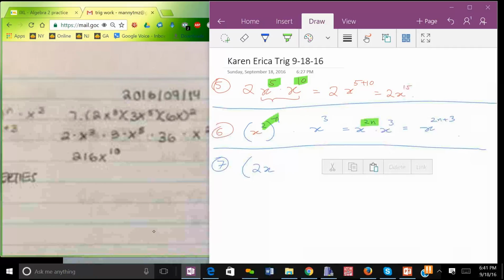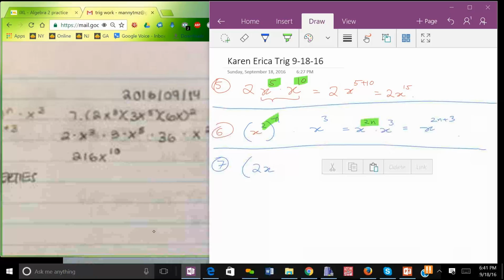So we can write the first one as 2 times x cubed, times the next one, 3 times x to the 5. And the last part is 6 times 6 is 36, and x times x is x squared, right? Now I'll take this 2, this 3, and this 36 and multiply them. That's 216.